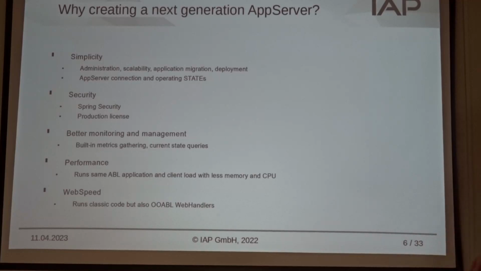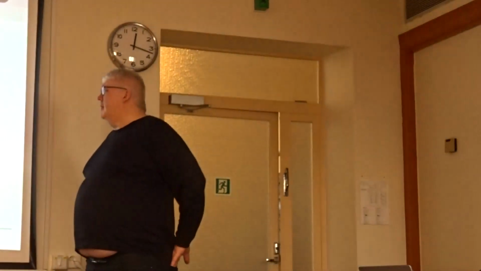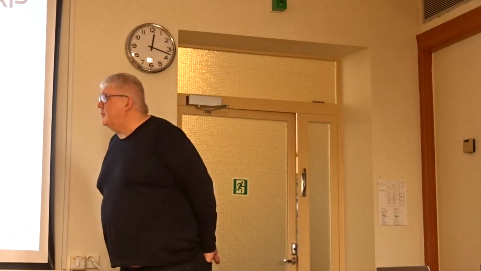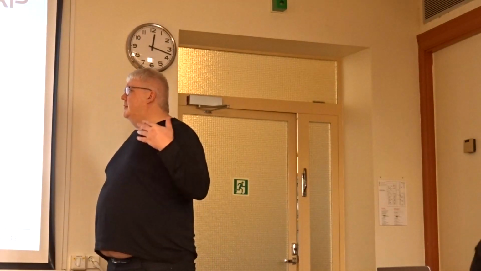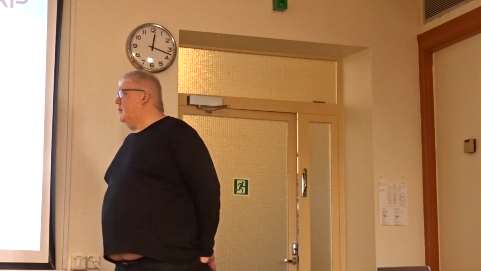So it was stable, and we have a lot of adapters, and Progress decided to integrate it in the Tomcat environment to have better security. You can have better administration and so on.